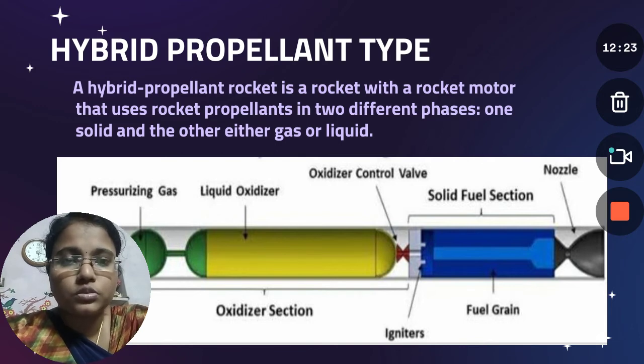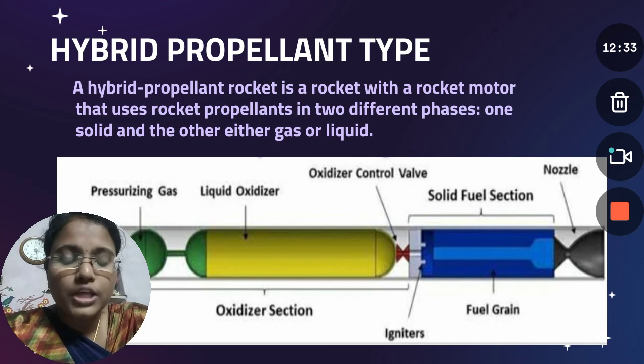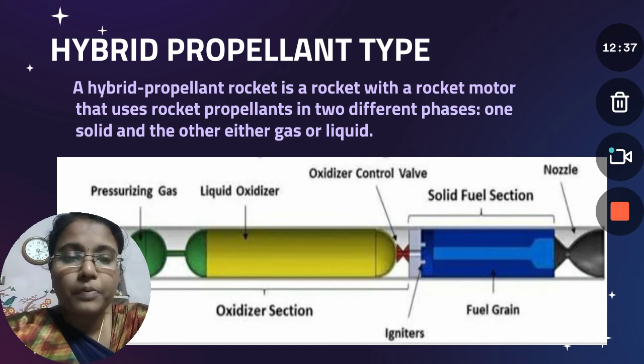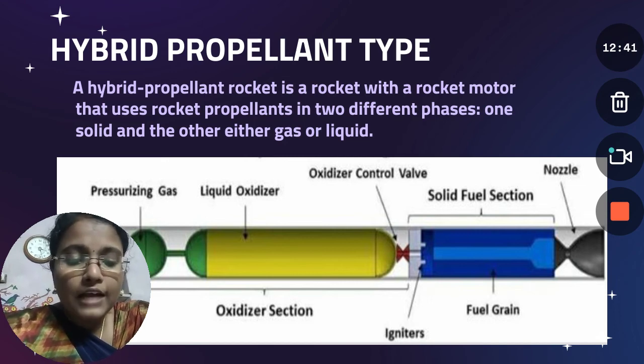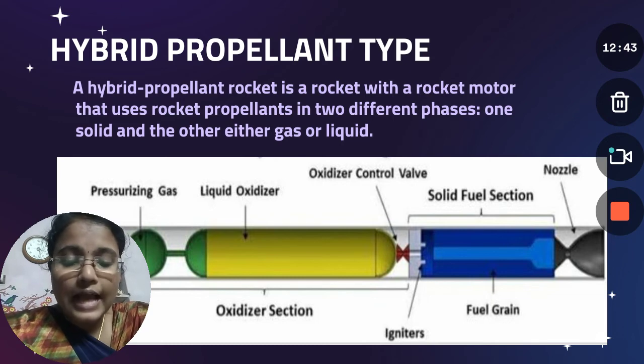Now let's see about the working of the hybrid propellant. In this, the oxidizer is injected into the pre-combustion or vaporization chamber upstream of the primary fuel grain. The fuel grain contains numerous axial combustion ports which generate fuel vapor to react with the injected oxidizer.